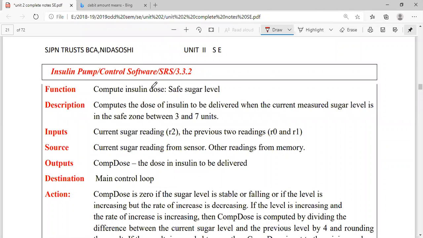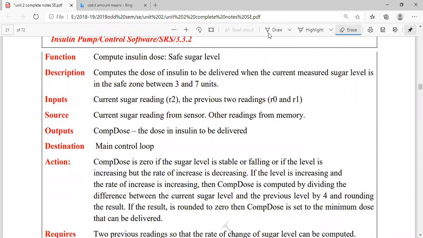This is an example of form 3.3.2. We have some components in that system. Insulin pump control software is an example of the SRS, that is, the form-based write-up of the information into your black book. And 3.3.2 is the third component under the third activity, under the second activity. That is the reason it is given as 3.3.2.